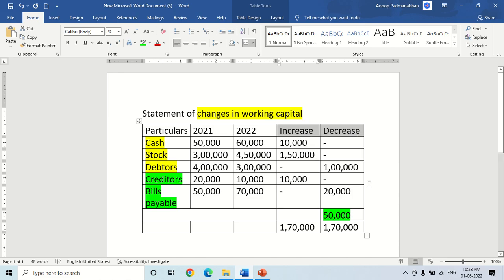Since your balancing figure is coming in the decrease column, I have to write it as increase in working capital. Suppose I am getting a balancing figure in the increase column, what will I write? I will write decrease in working capital. Opposite I have to write.